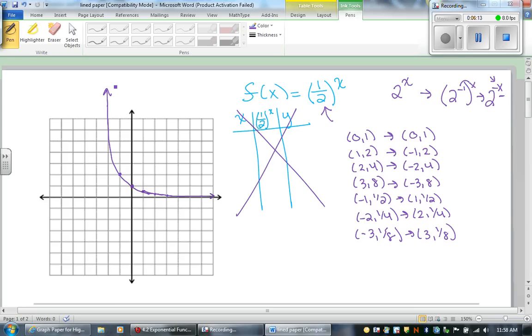When that x value becomes negative, it's a reflection over the y-axis. Now, as x approaches infinity, y approaches 0. So I still have that y equals 0 horizontal asymptote, but now we're going towards positive infinity instead of negative infinity.